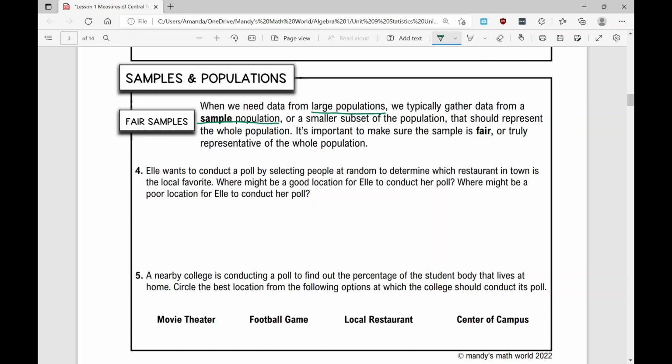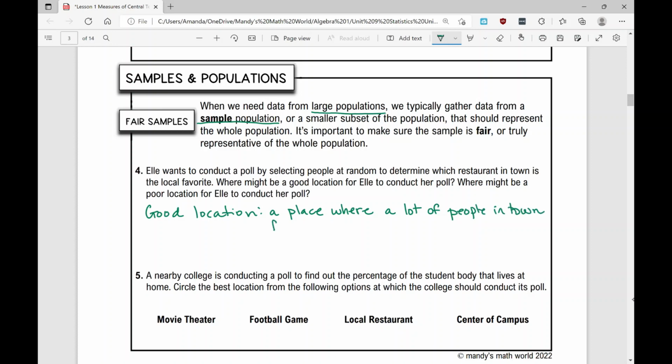A good location is going to be a place where a lot of people in town frequent.